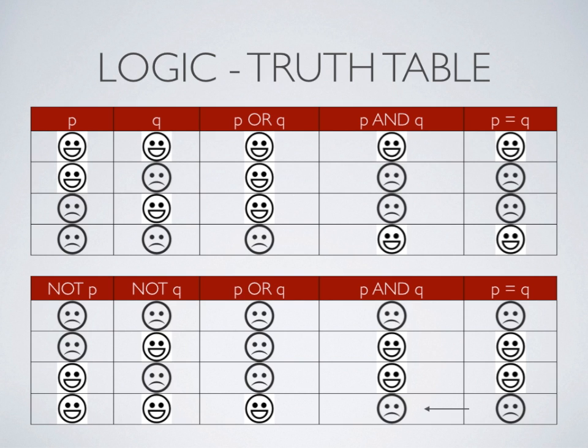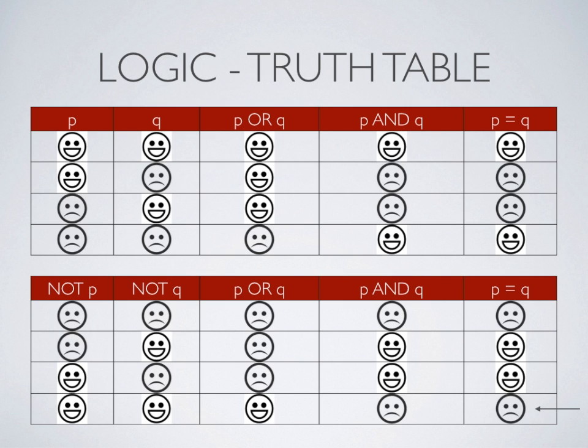With our AND, we see the same thing happen where both conditions are happy, but we are not happy, so we are sad. And therefore, our P equals Q section sees a similar effect where we are happy and happy, but we're not happy, so we must be sad.